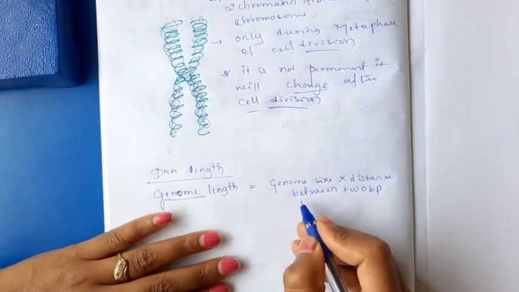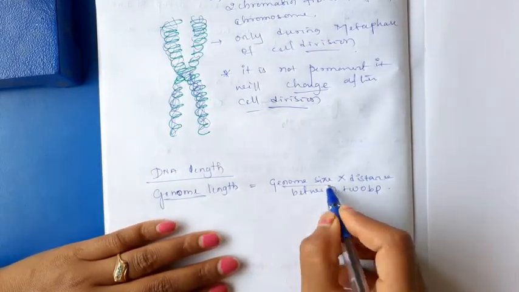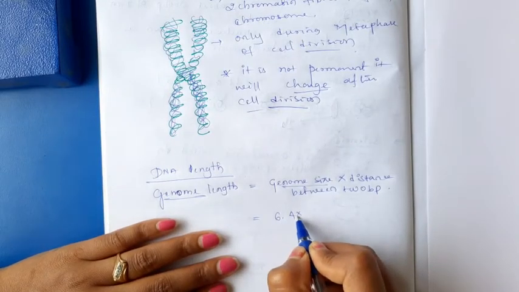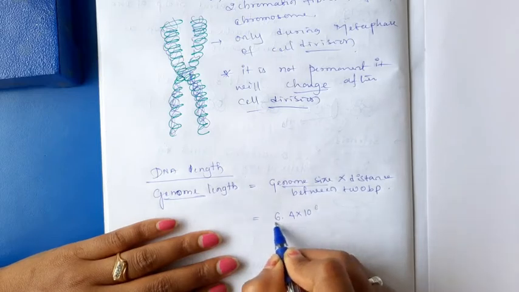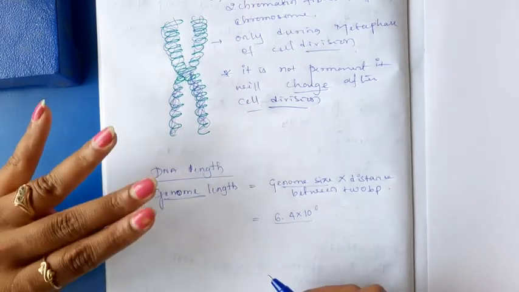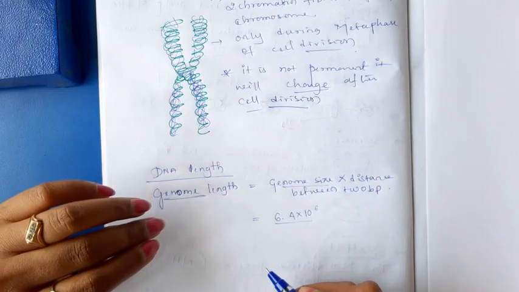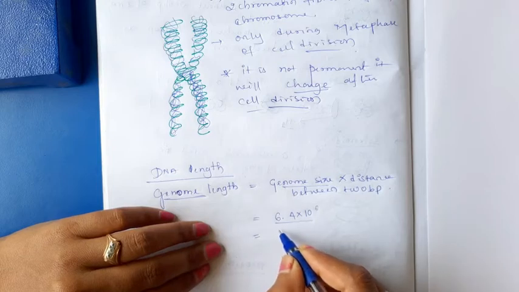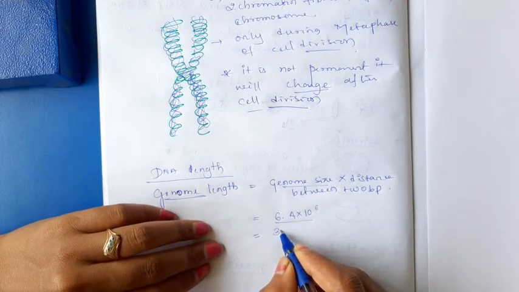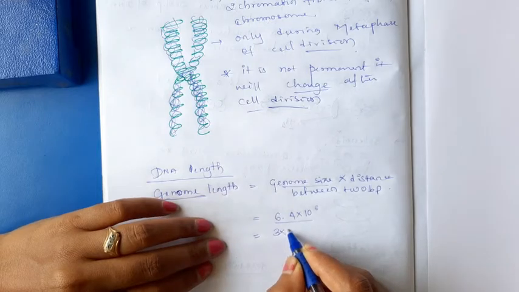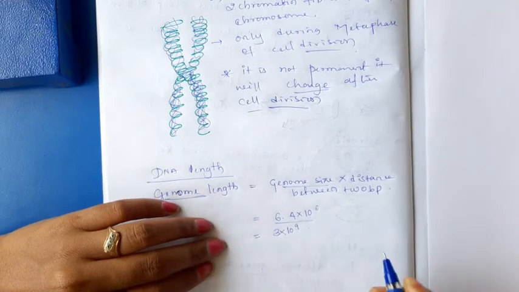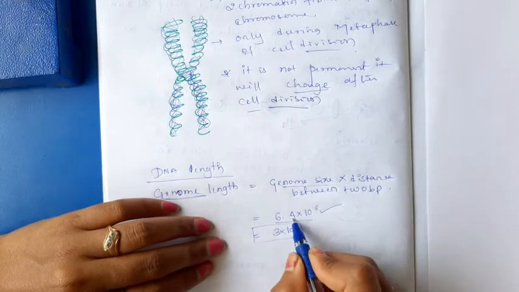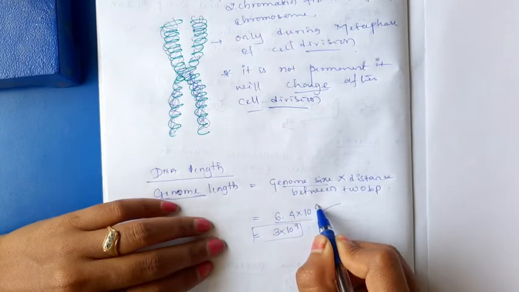Okay. You already know the genome size. Our DNA size in human cells is 6.4 into 10⁹. This is for the diploid. If we consider it as haploid, for haploid the genome size is 3.2 into 10⁹. Okay, now we are not taking the haploid, we are just dealing with the diploid, 6.4 into 10⁹.